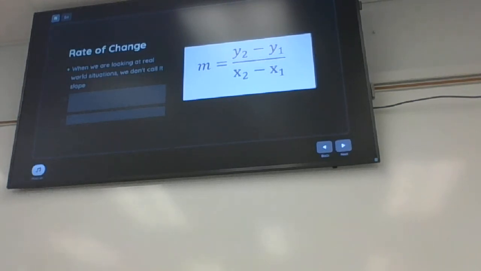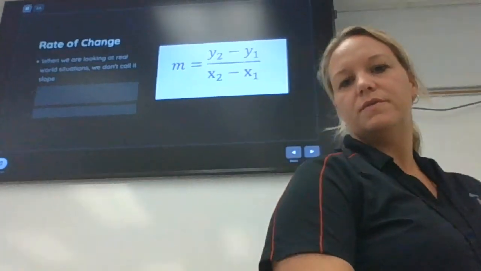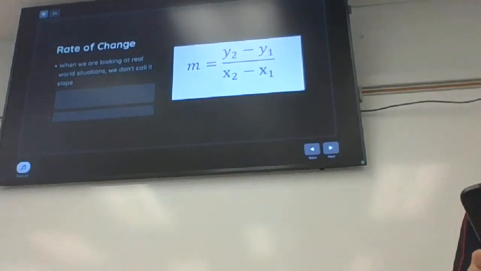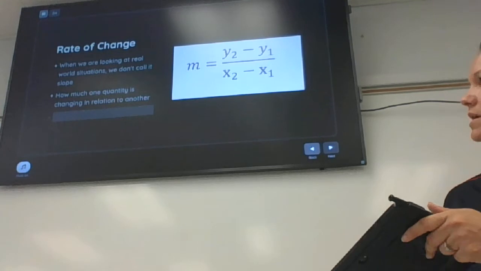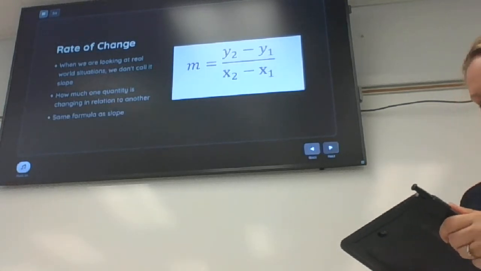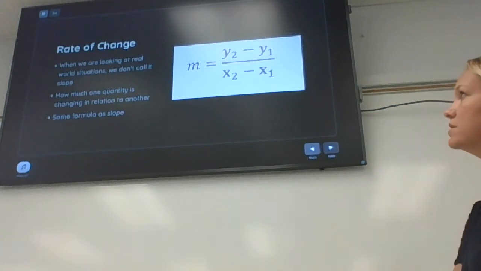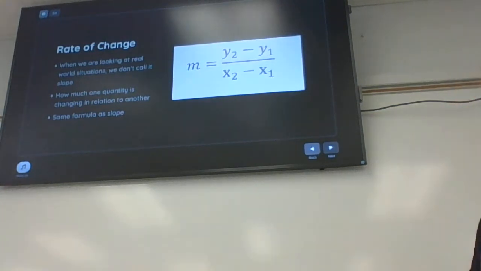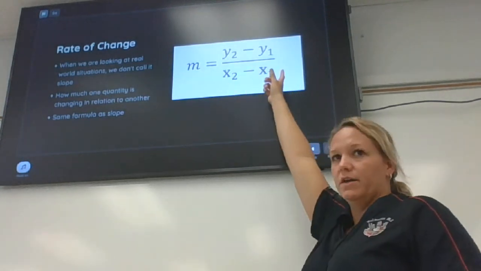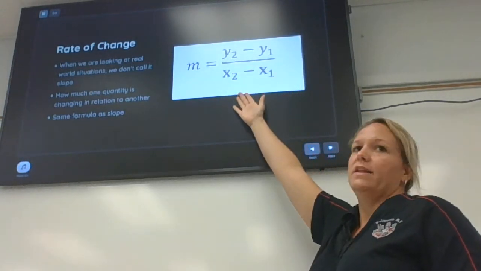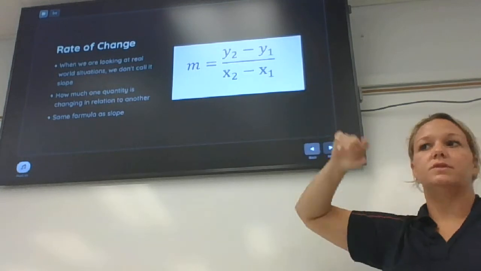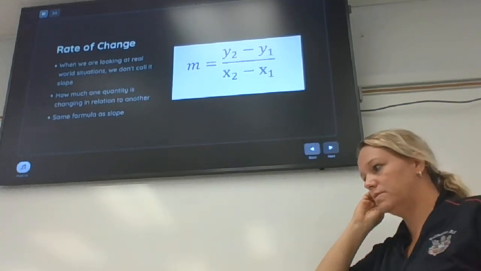But you can do slope of a line or rate of change of a table, word problem, it's all the same thing. How much one quantity is changing in relation to another. And this is called rate of change formula or slope formula. And this is exactly what you guys were all doing with the table. You subtract the y values and you divide that by the difference in x values. So you guys were all just kind of naturally doing that.